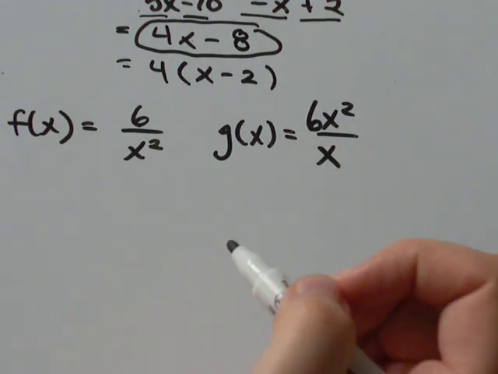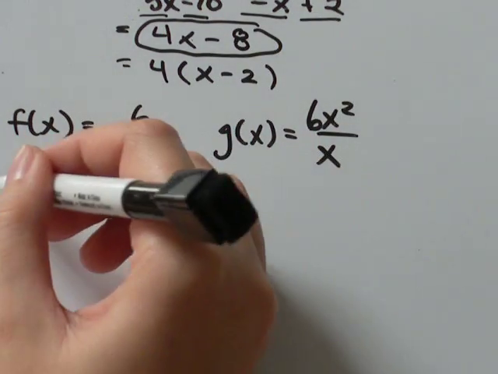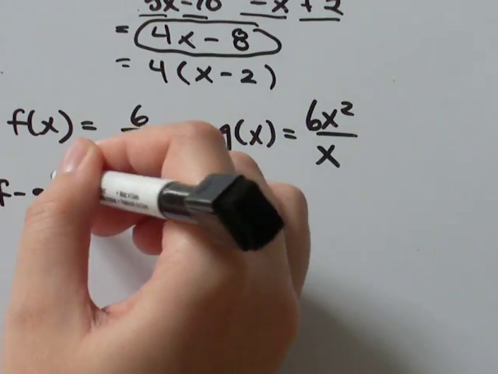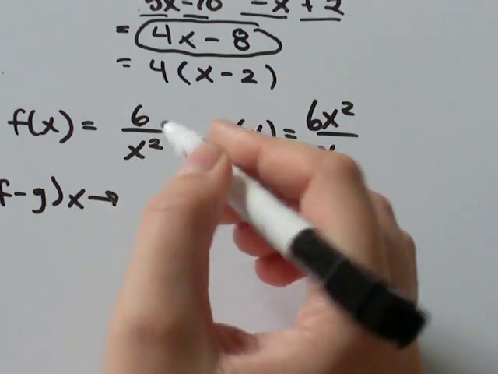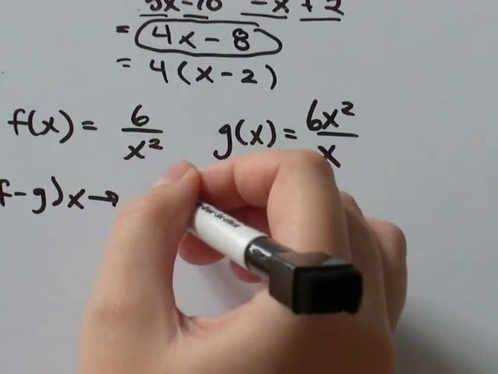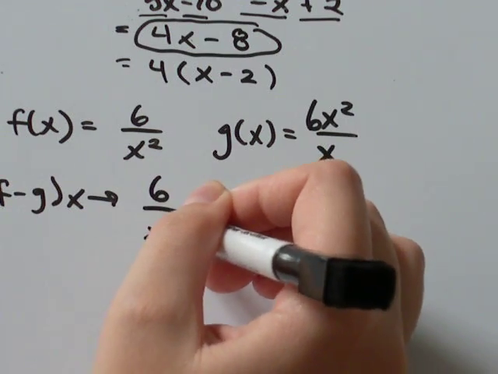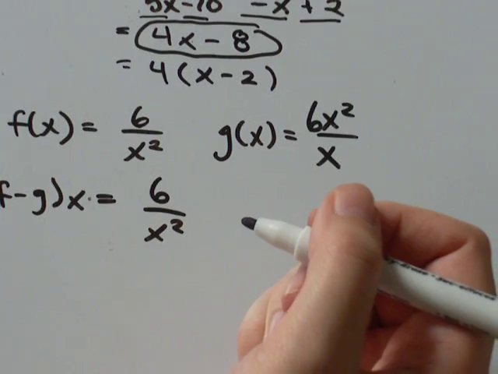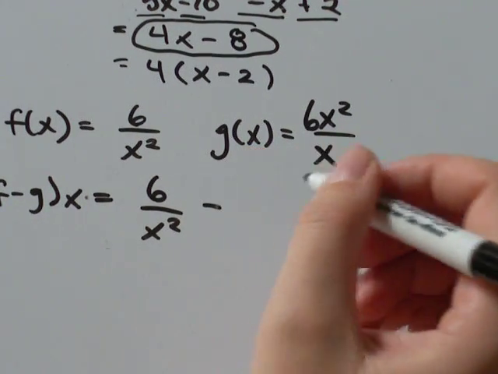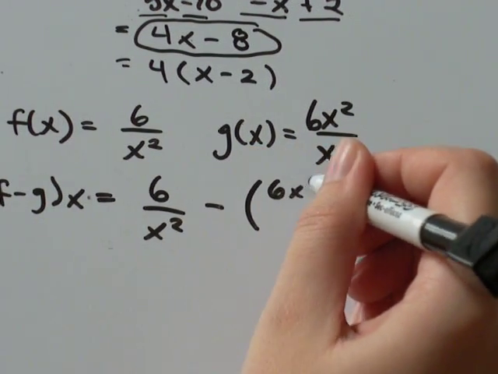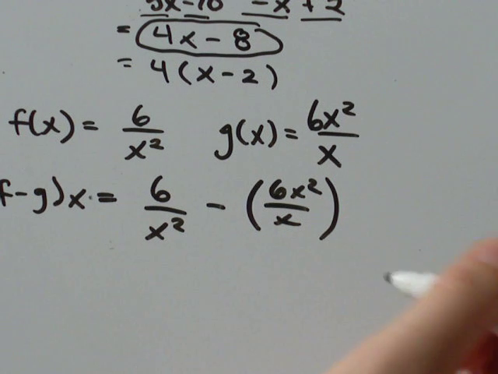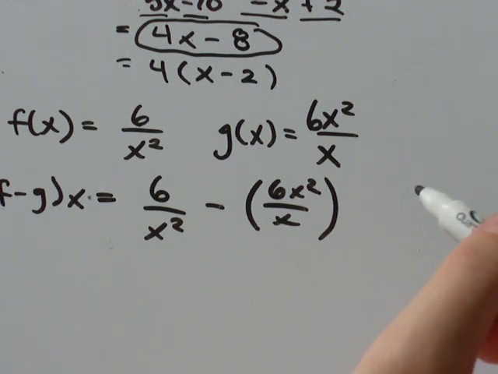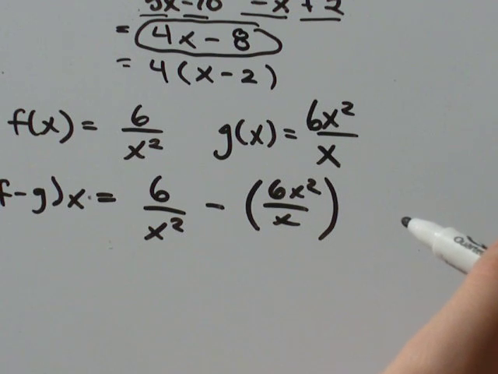And so we want to find f minus g of x, so we're going to take our f of x, 6 over x squared, equals, minus 6x squared over x. So the first thing I'm going to think is, how do I subtract two things that are fractions?